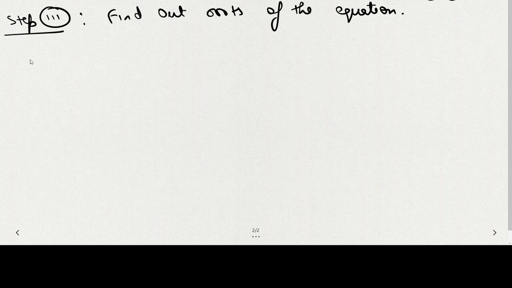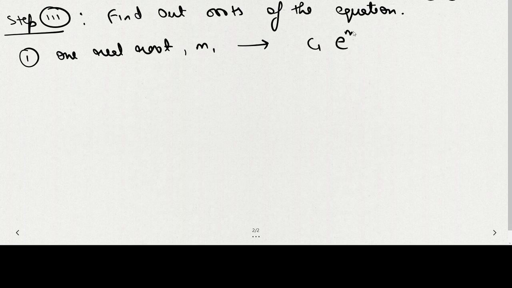If you have one real root, that is m1, then you will write it as c1 e^(m1 x), where c1 is the constant.